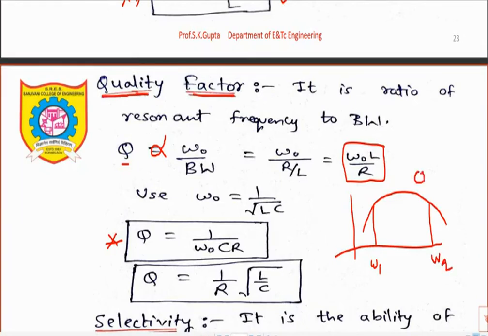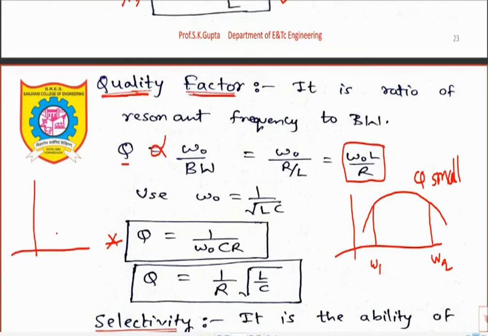If Q is small. And if quality factor value is large, that means bandwidth will be small. Or you can say that if bandwidth is small, quality factor will be large because of the inverse relationship.